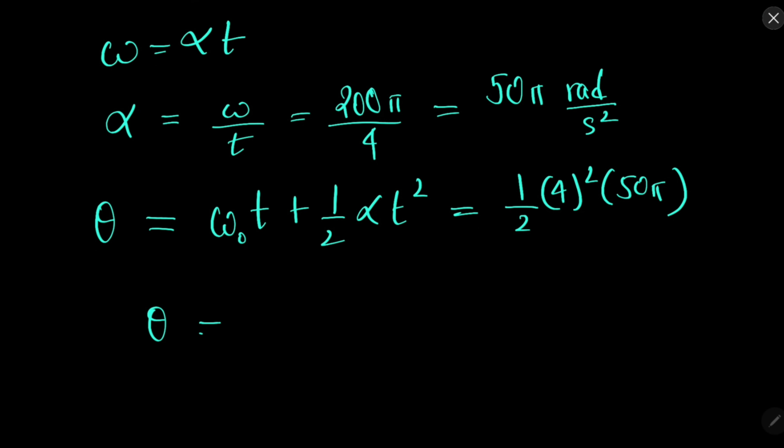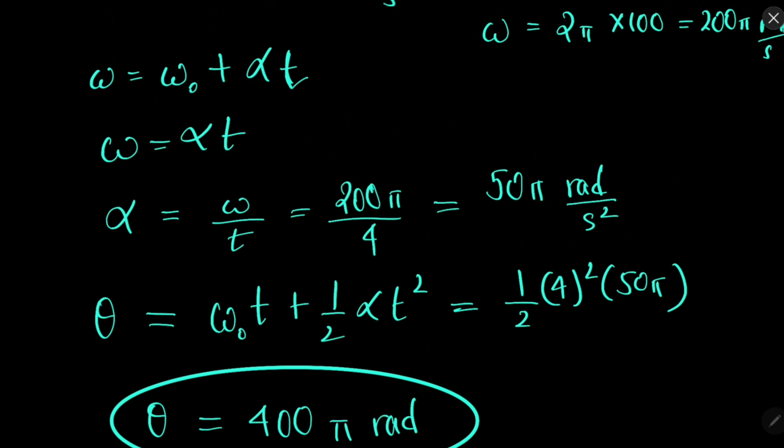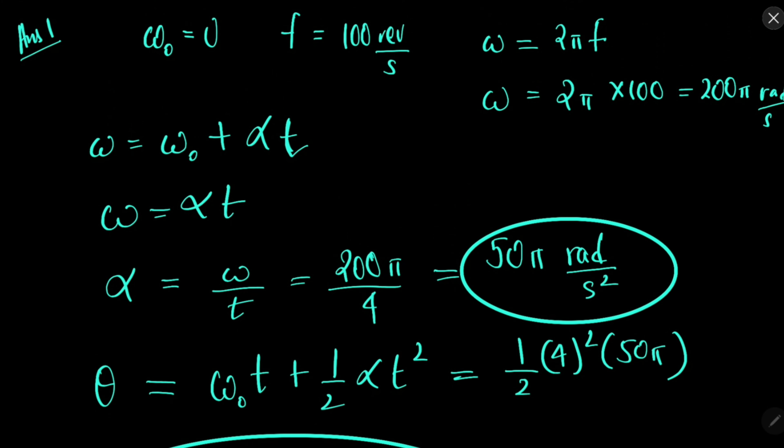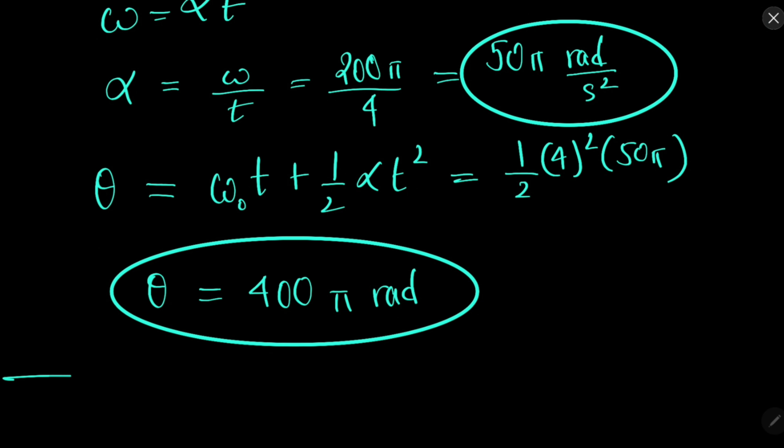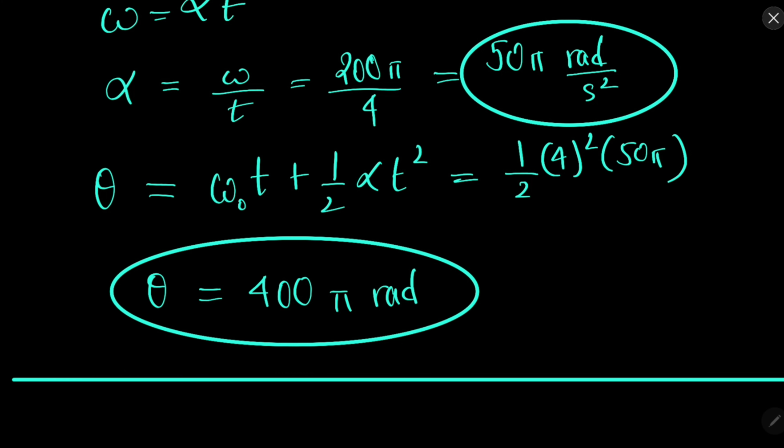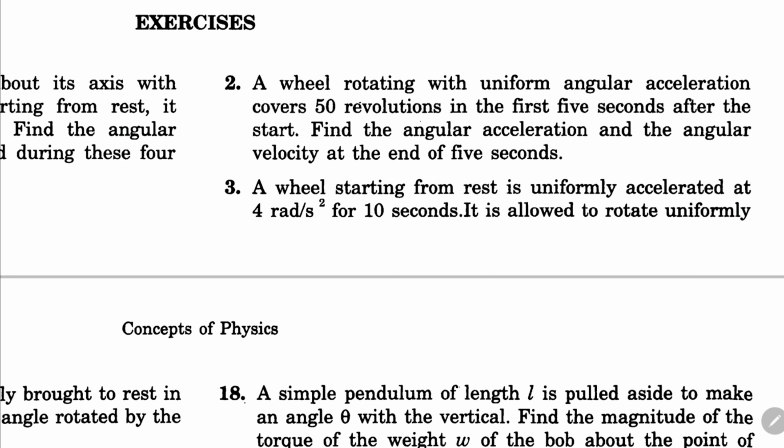So theta will be, after solving this, 400 pi radians. So this is how you can solve the first question. This is quite simple, similar to the linear equations of motion that we used.